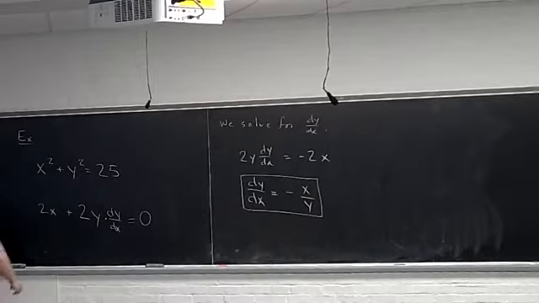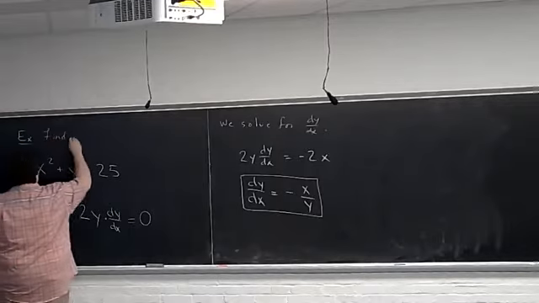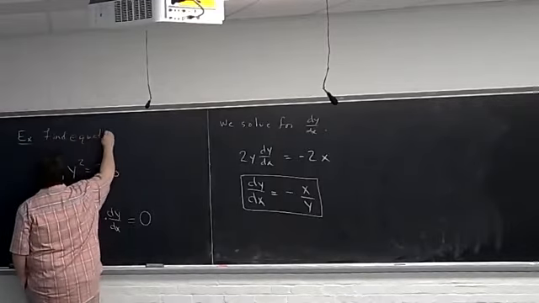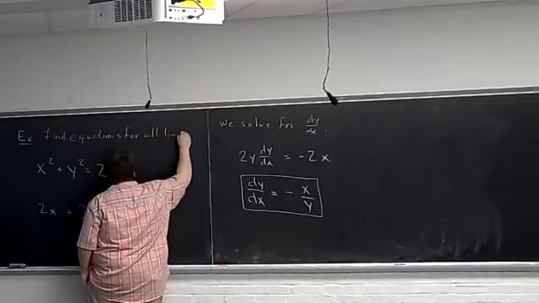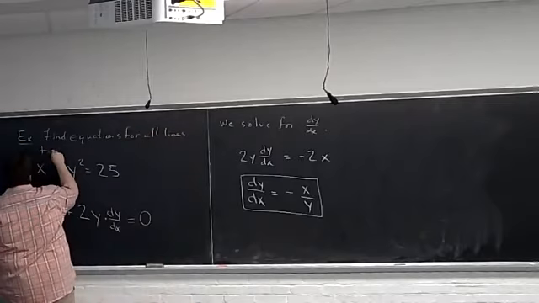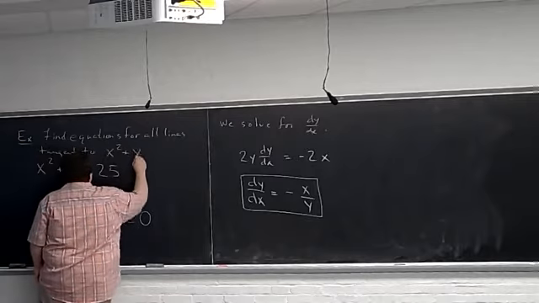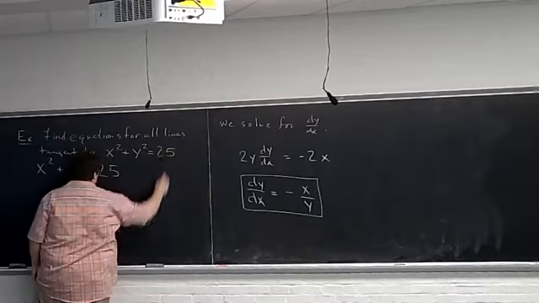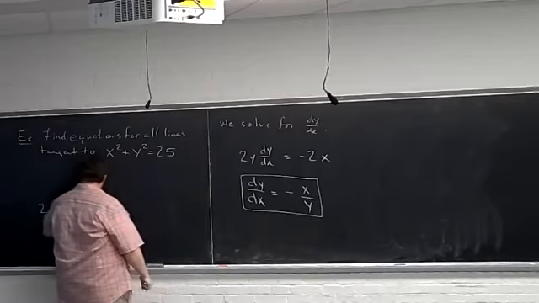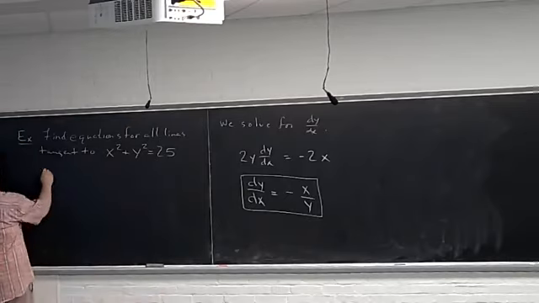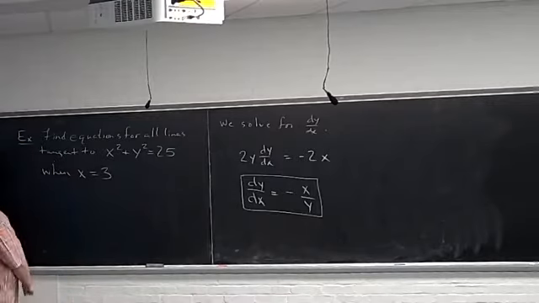Okay, let's do another example. Well, let's use that. Find equations for all lines tangent to this curve, same curve, x squared plus y squared equals 25, when x equals 3. Let's make the numbers work out nicely.